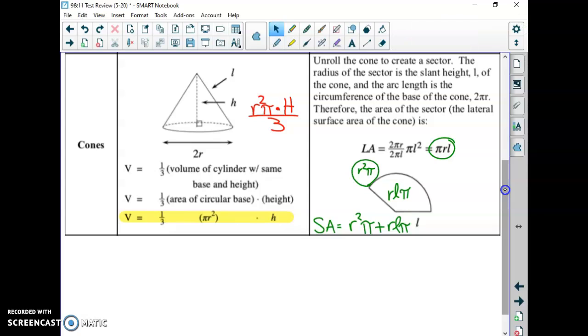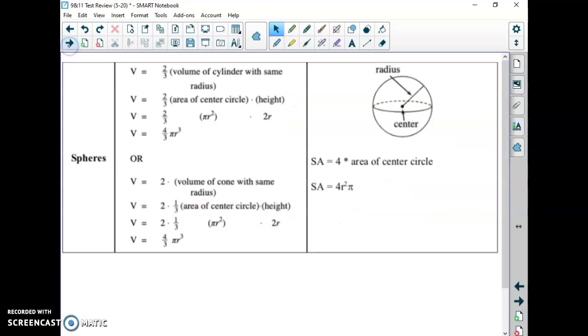And last but certainly not least, the sphere. We did this one on Wednesday. We got a volume formula. It is 2/3 the volume of a cylinder, or 2 times the volume of a cone. Either way, we get this nice little formula, 4/3 pi r cubed.